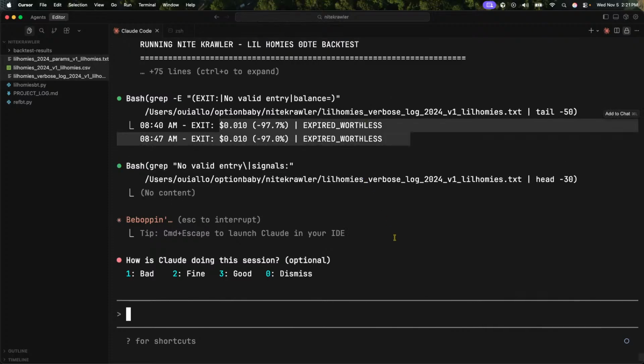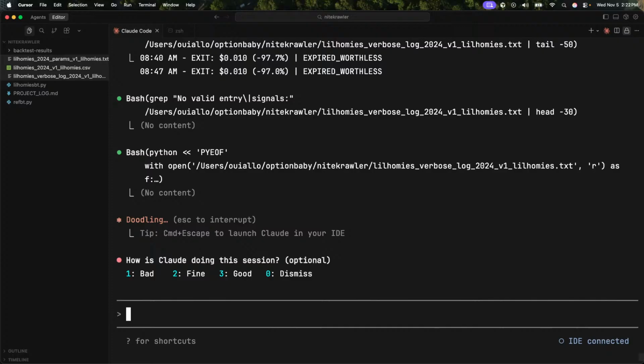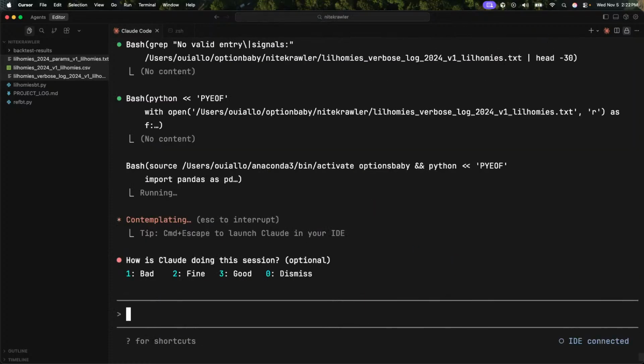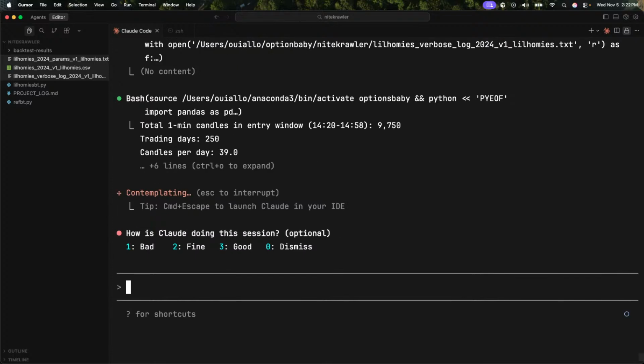That was the whole thing, it couldn't find the Greeks, but again, that should be fixed. 39 candles per day seem kind of low. Oh, because we're only going in from, we only got what? That's 48 minutes. So that makes sense.